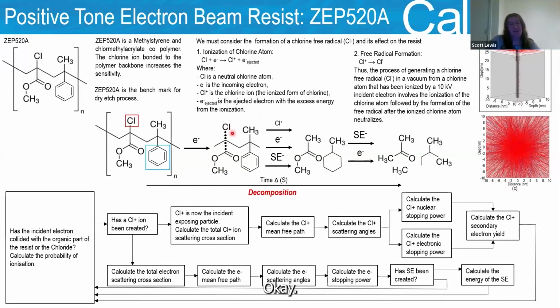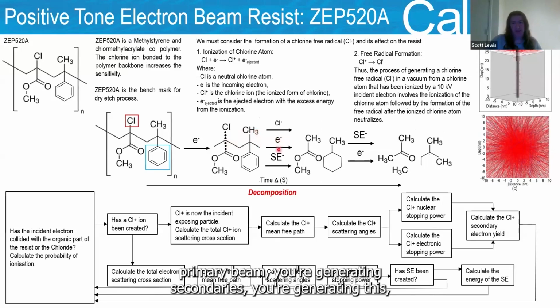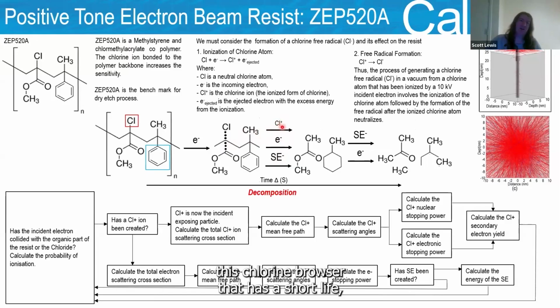This charge allows this species to move around. This has got mass, and the material has got mass as well. So you're almost etching it. In fact, that's exactly what you're doing. It becomes like a dry etch inside your resist. So now you've got your primary beam, you're generating secondaries, you're generating this chlorine, but it has a short life, which is why you don't get a huge exposure.